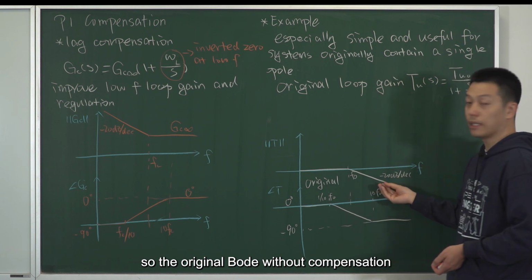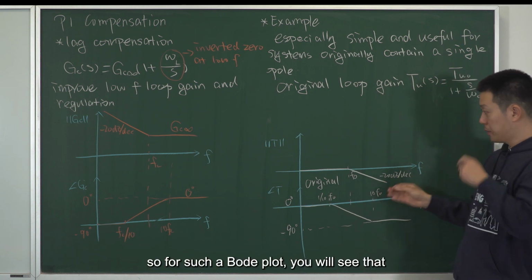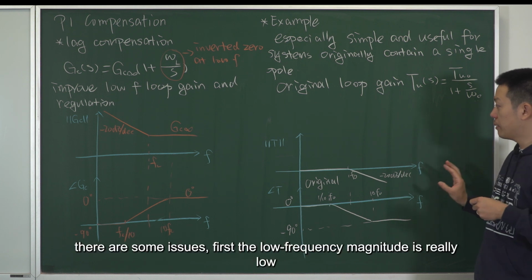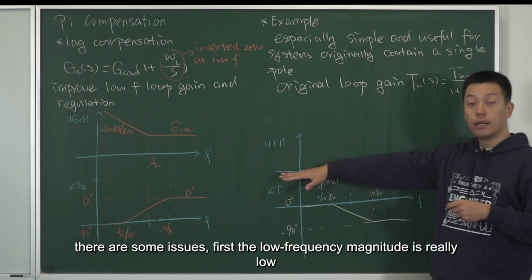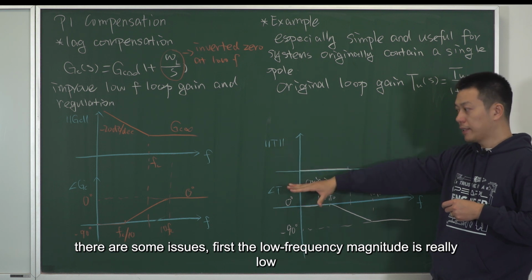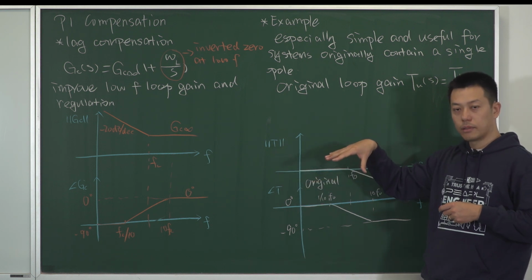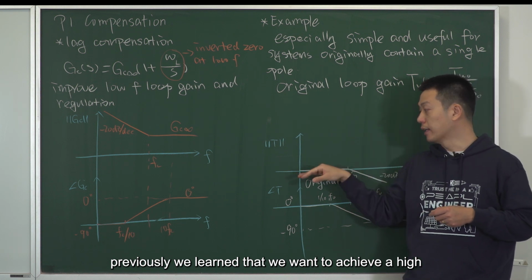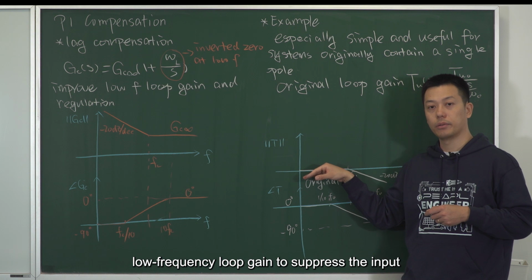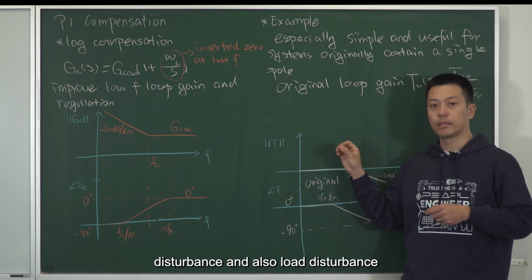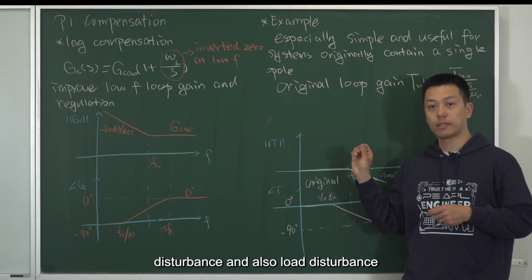So for the original Bode plot without compensation, you will see that there are some issues. First, the low frequency magnitude is really low. Previously, we learned that we want to achieve a high low frequency loop gain to suppress the input disturbance and also the load disturbance.